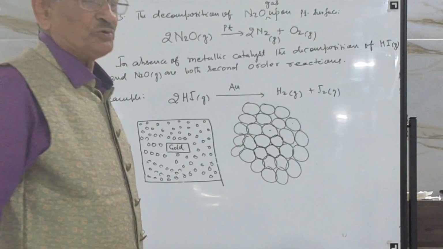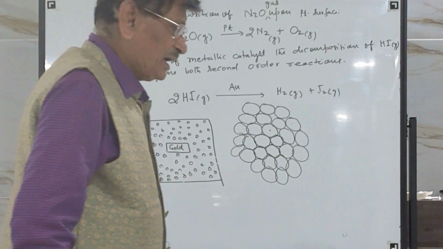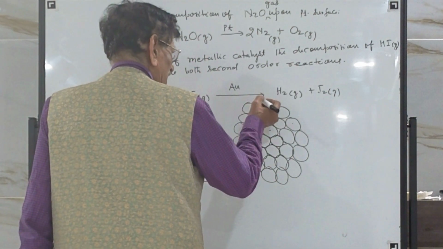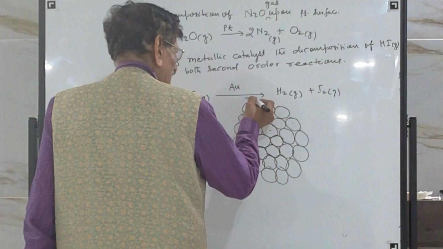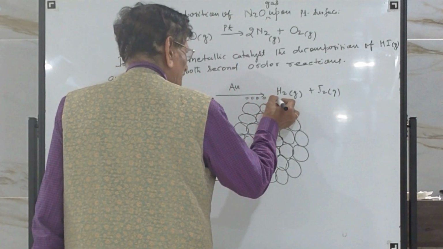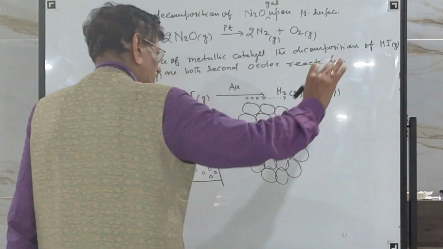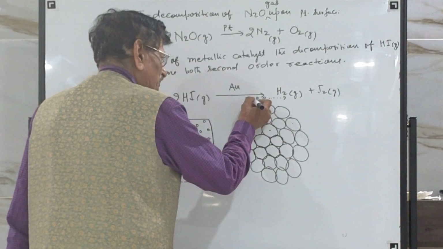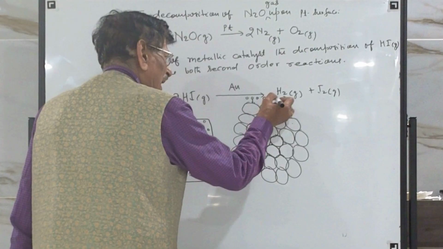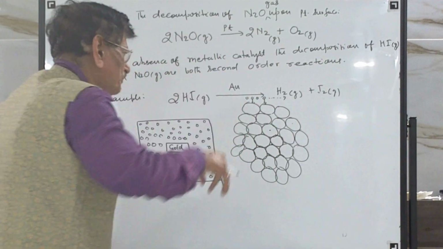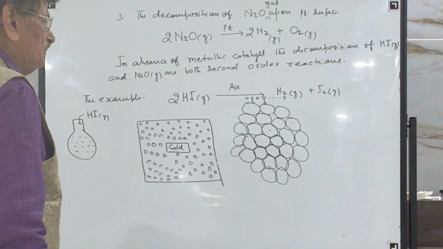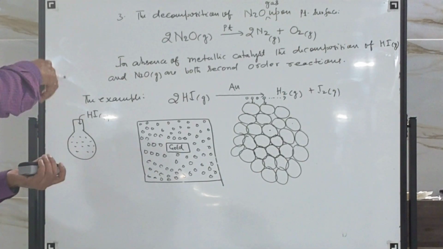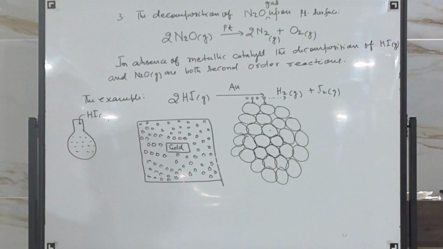And because of this attractive force, whenever any gas molecule, suppose this is an HI molecule, moves above the surface, it is attracted by the free valency of the surface, like this. And therefore, the molecule of HI gets adsorbed on the gold surface.